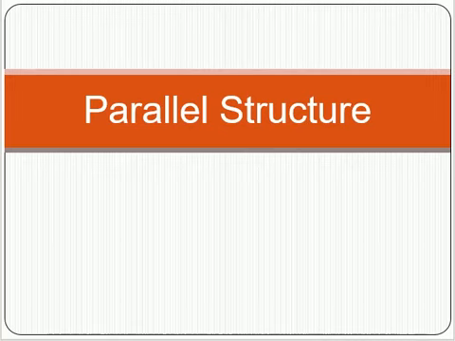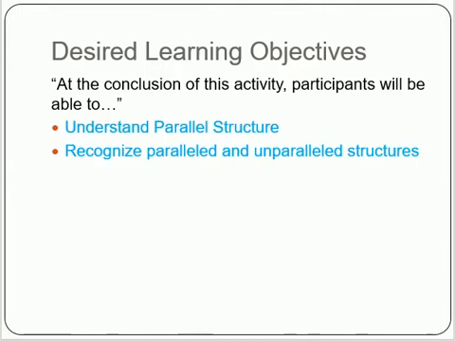Usually we construct unparalleled structures and it creates ambiguity in the mind of the reader. And it also lacks beauty in your sentences. So in this lesson, we shall try to understand what is parallel structure and recognize paralleled and unparalleled structures.